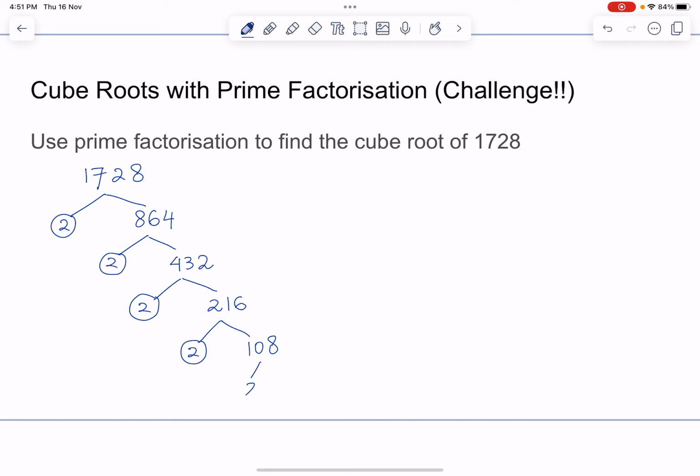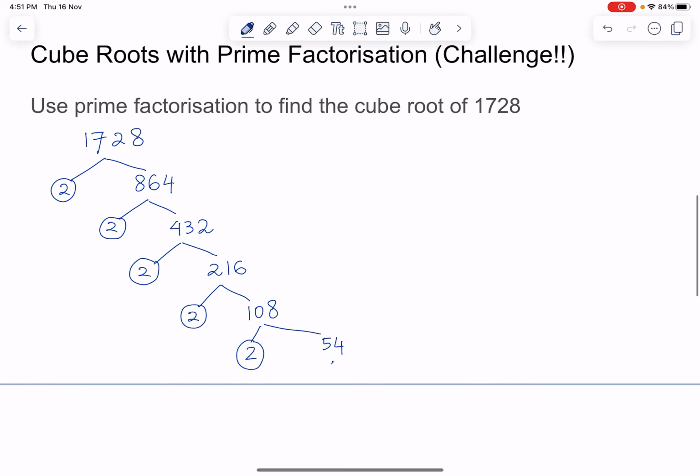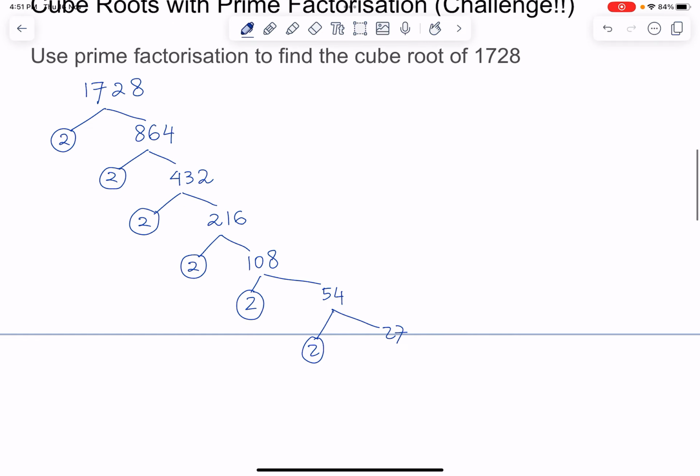Okay, divide that by 2, we have 54. And then afterwards divide that by 2, that's 27. And then 27 is 3 times 9. And then 9 is 3 times 3. So, okay. So let's see what happens.